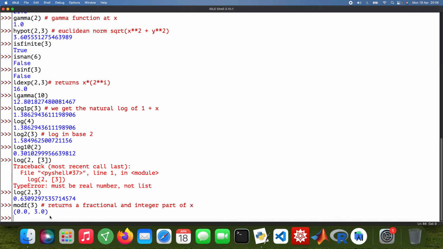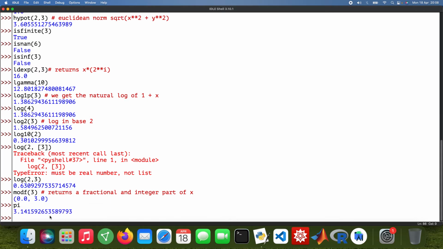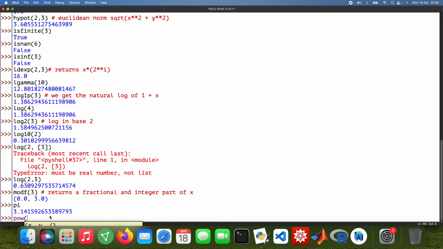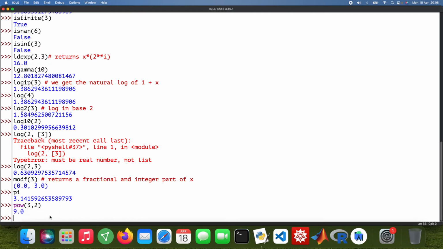So there we are. And then pi evaluates the value of pi, and then power. So 3 raised to the power of 2, which is going to be 9. And then radians.